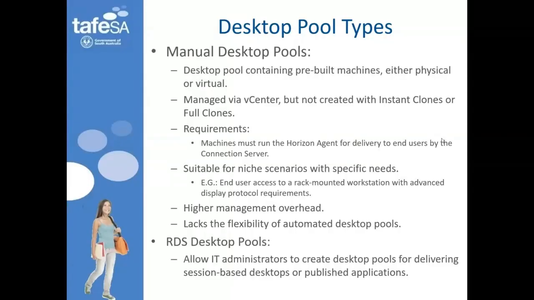Basically, manual desktop pools are suitable for niche scenarios. Niche meaning specific, very specialized scenarios with specific needs. For example, an end user needs to access a rack-mounted workstation with advanced display protocol requirements.